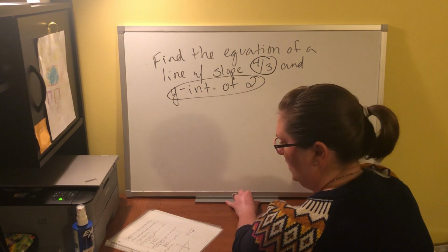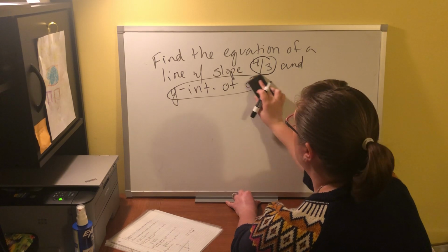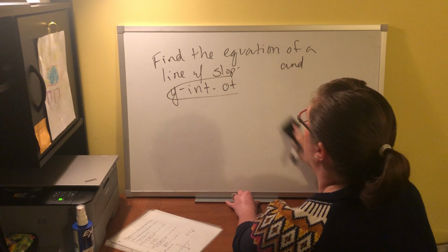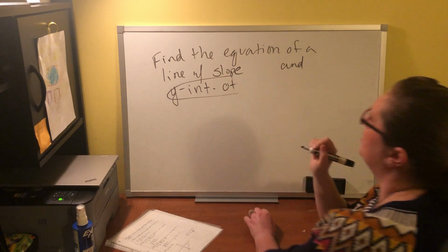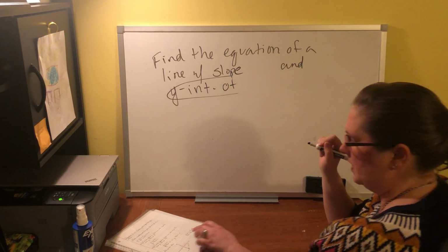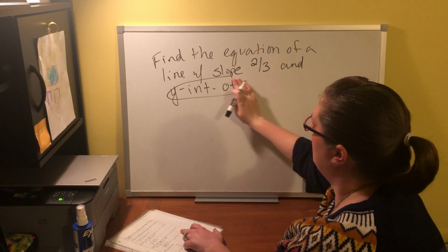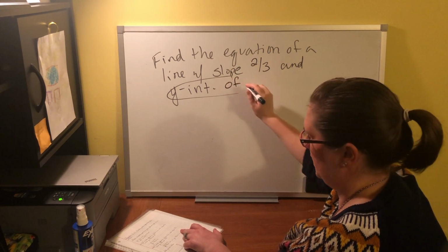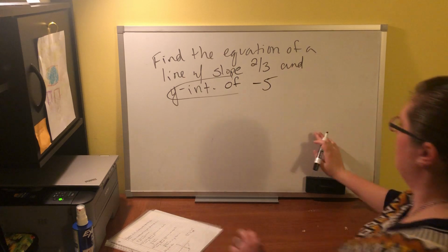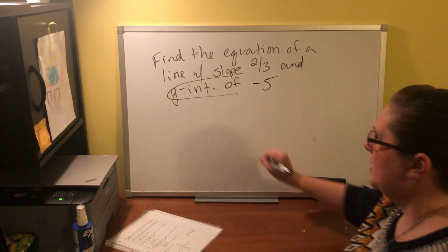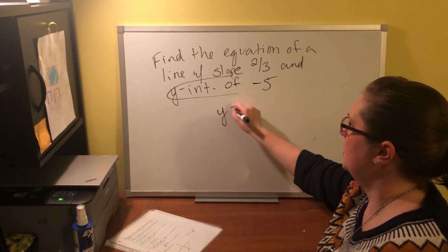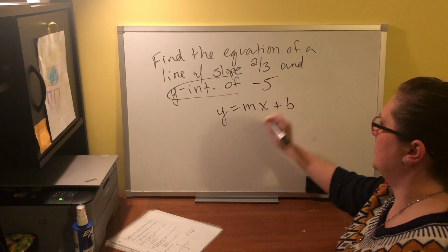Let's say we're doing the same thing. We're still finding the equation of a line with the slope of, let's do 2/3 and a y-intercept of -5. Same thing, we're plugging into y equals mx plus b.